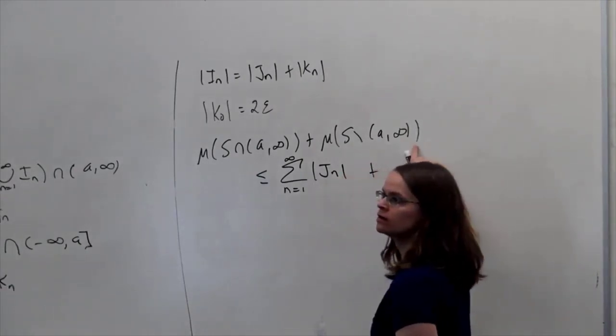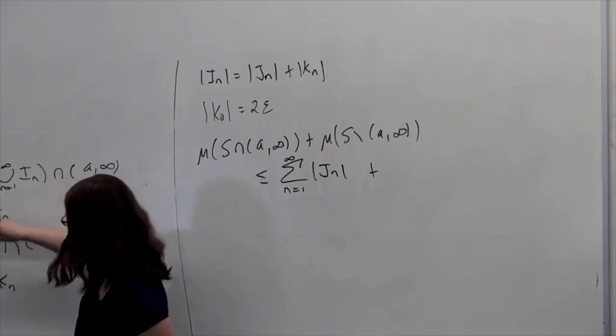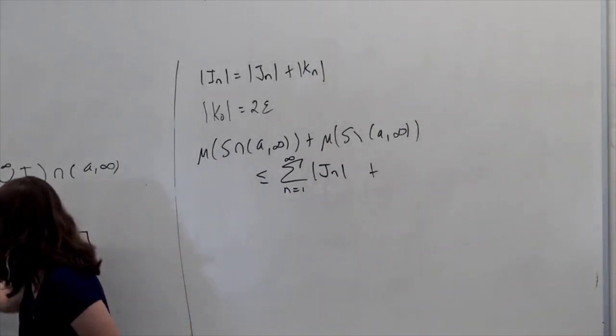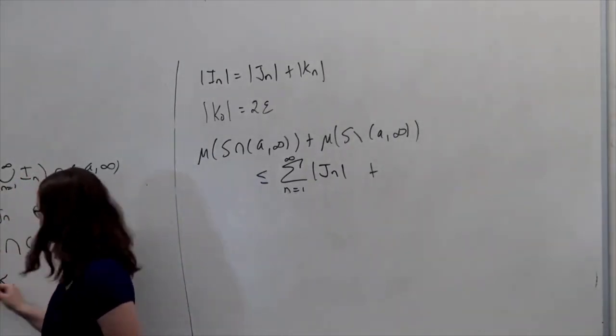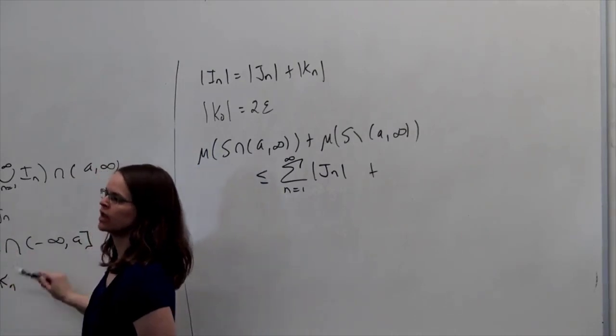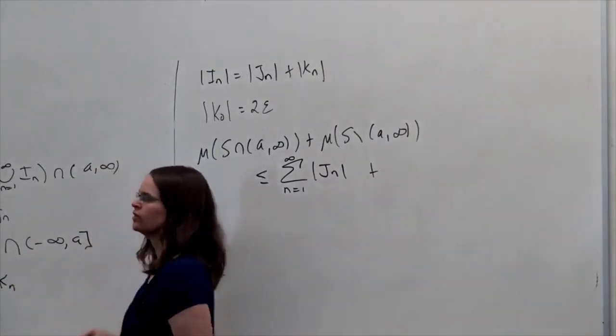Okay, same deal here. My set difference is contained in the union of all these K's. So the measure of my set difference by subadditivity is bounded by the measure of this union. And again, by subadditivity is bounded by the sum of the length of all of these.